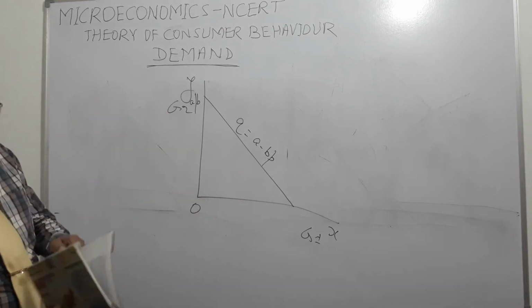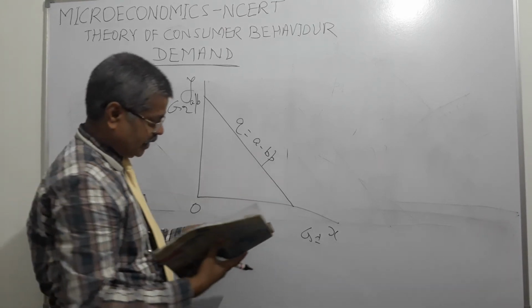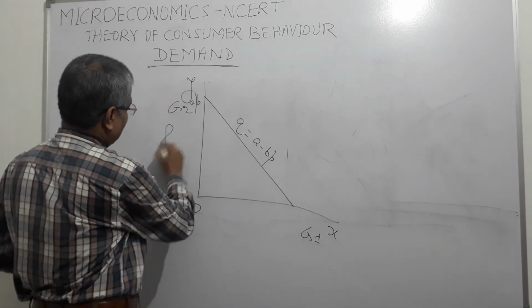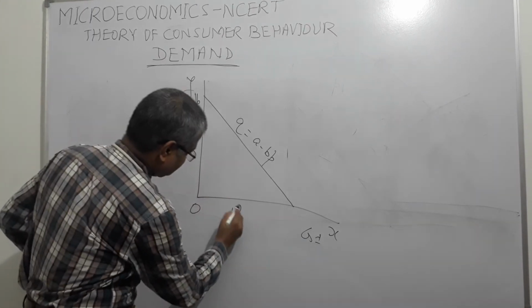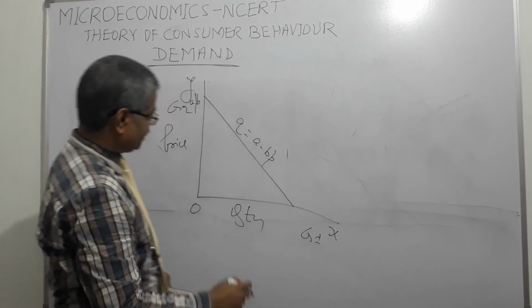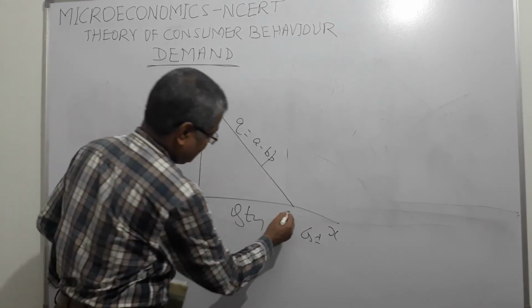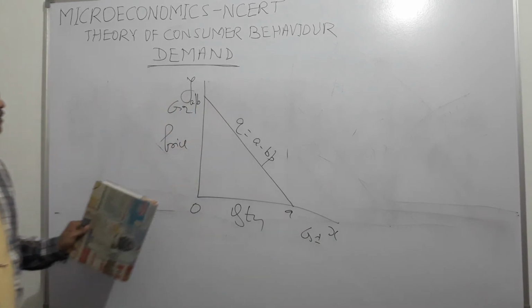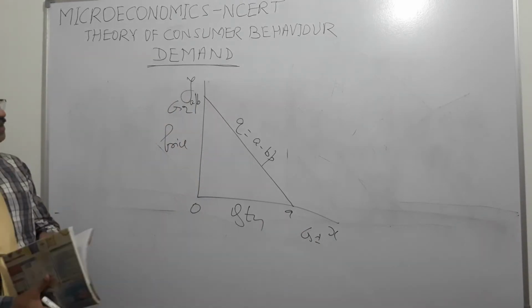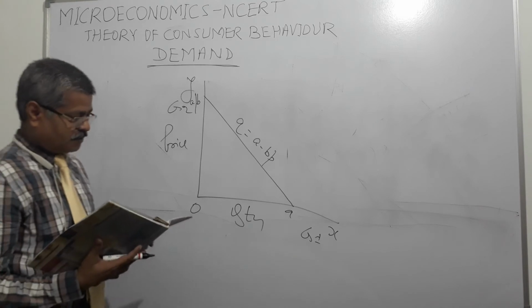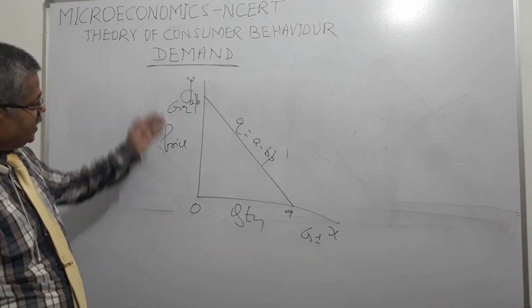This is the slope, and this is quantity. As we discussed, vertical is price, horizontal is quantity, and A minus B, and this is A. This you should remember, right? This is the linear demand curve, right?